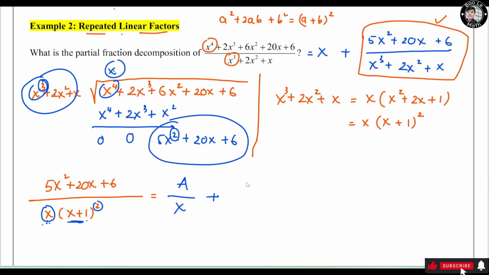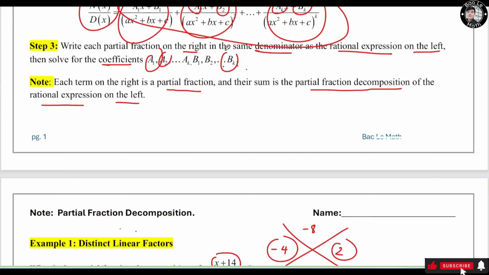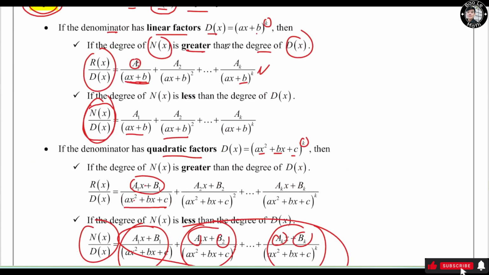So it could be b over s plus 1, plus c over s plus 1 altogether squared, because the linear factor is repeating. We look at the notes right here: if the linear factor is repeating, we need to rewrite this until we reach the highest power.